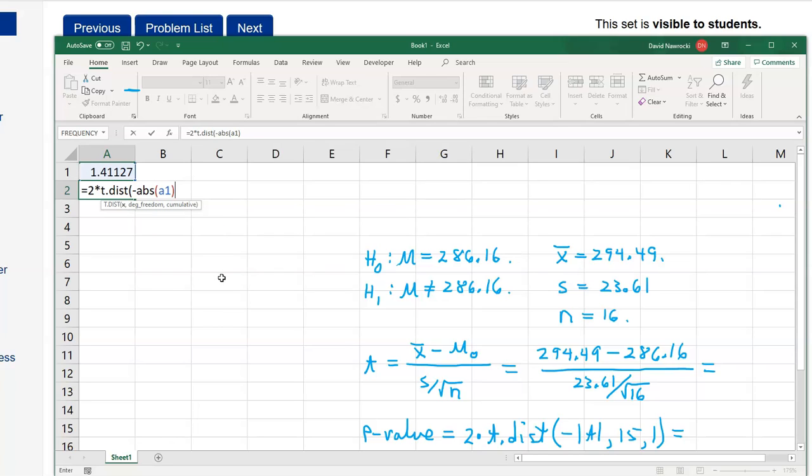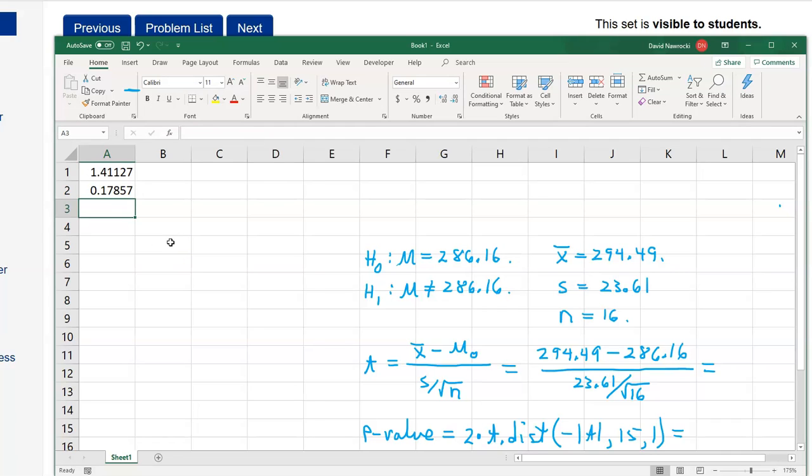That'll pull the 1.41127 down into my formula calculation, comma 15, 16 minus 1, comma, and then we always want 1 at the end for a cumulative distribution. There we go, there's our command. Once again, if you want, you can type in negative 1.41127 right in here. Just remember to take plenty of decimal places. There is our p-value. So let's write those two down and then type everything into WebWork.